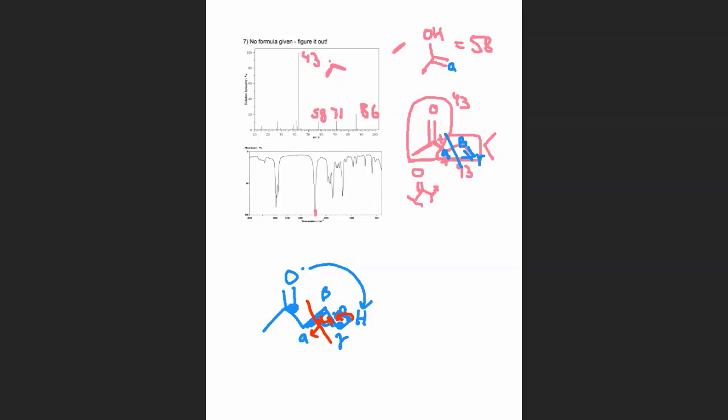And then one of the electrons will finish it off, making a double bond between the alpha carbon and the carbonyl.